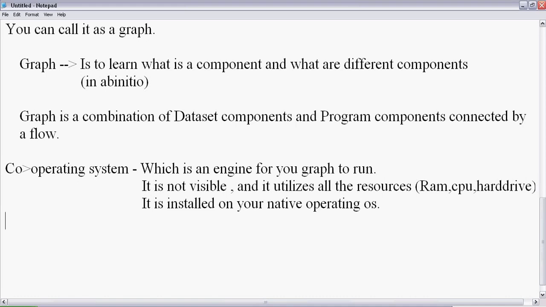Now, talking about the advantages of Ab Initio. So what is the first advantage? Large amounts of data can be handled.